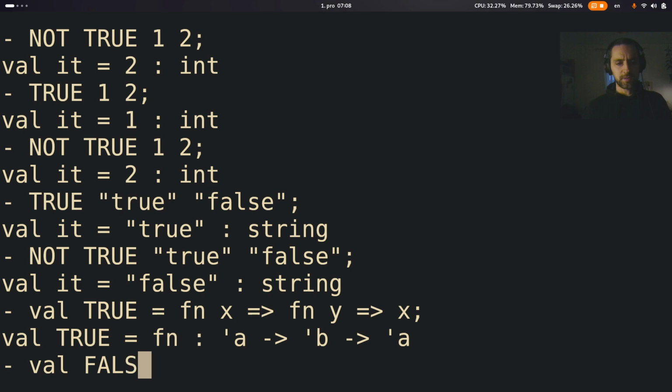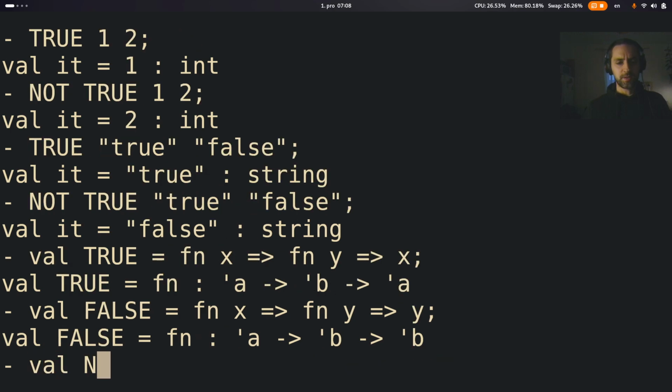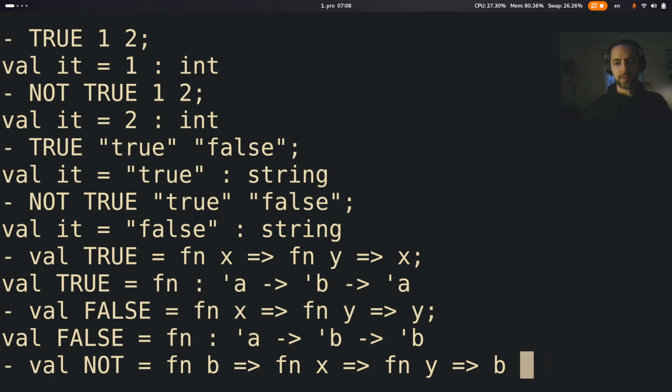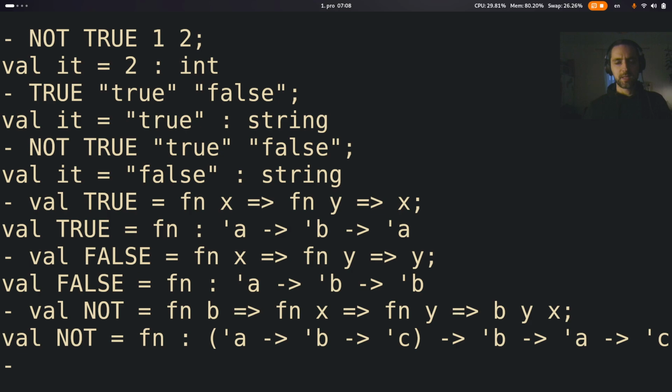And val false equals lambda x, lambda y, y. And then we define not as lambda b, right? Lambda x, lambda y. And now we have b, not x, y, but we'd be y and x. So how would we define and?